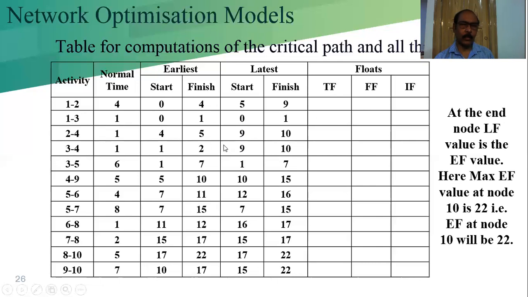So here is the 9, another is the 1. Which one is the minimum? 3 we have to search as a predecessor. Where is the 3? 2 3 is there. Predecessor of 4 and predecessor of 5. That is the two alternate paths. That's why one value is 9, another value is 1. So the minimum is 1. So 1 will go there. 1 minus 1 means 0.